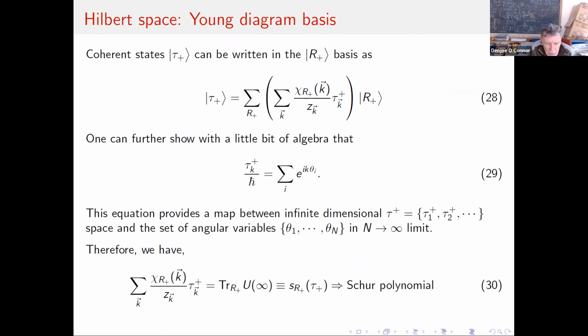Because the sum over i, the theta i are the thetas that you introduced earlier. They're the eigenvalues of the unitary matrix, which are related to the holonomies. So that expression there has to be n times the moment of the density rho.